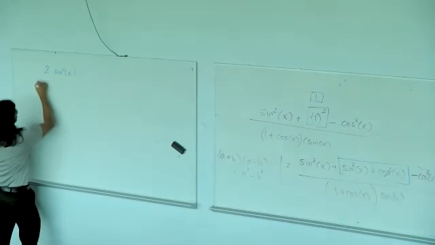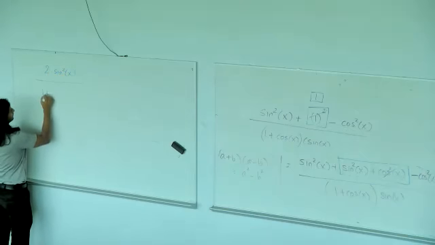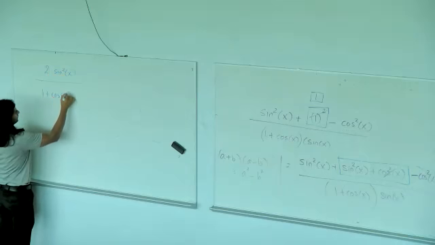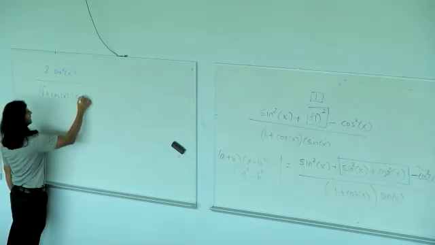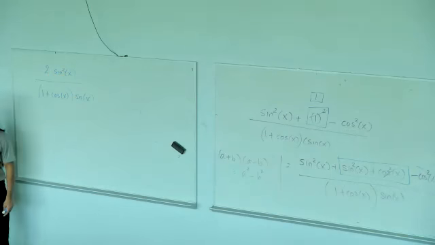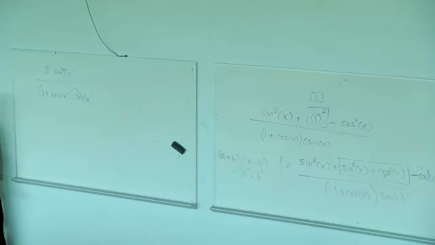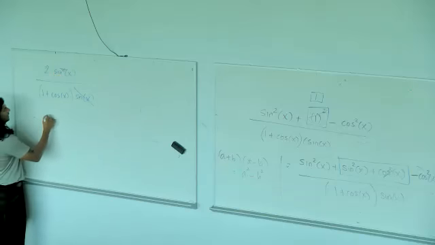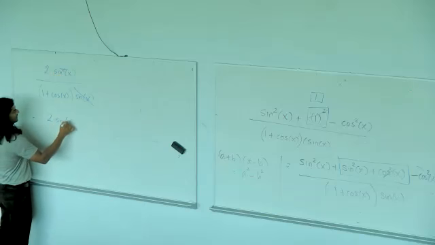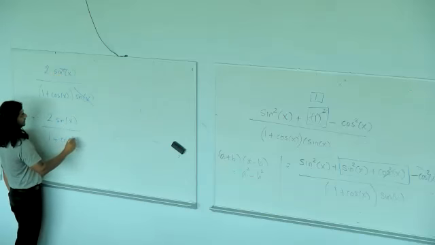Denominator will remain as is. Numerator, you have sine squared x. Denominator, you have sine x. You can get rid of one of the sine x. So numerator, I have 2 sine x divided by 1 plus cosine x.